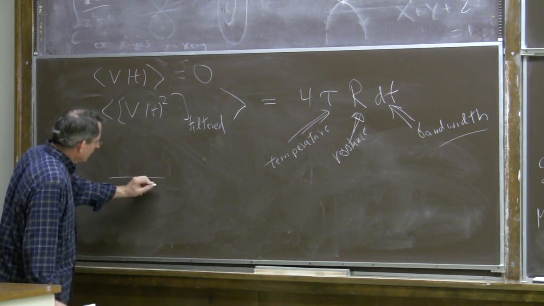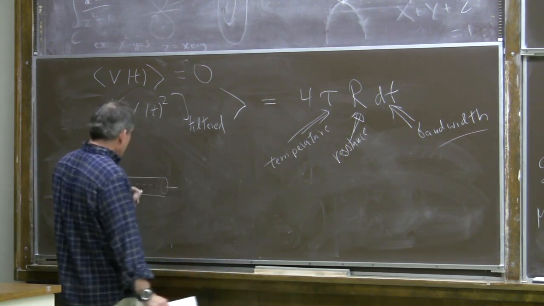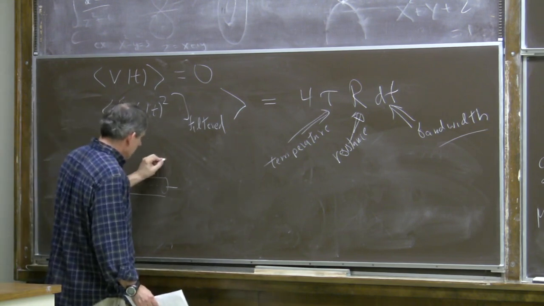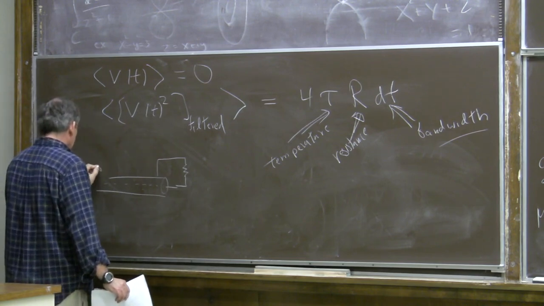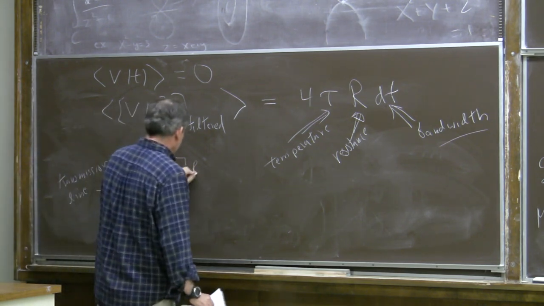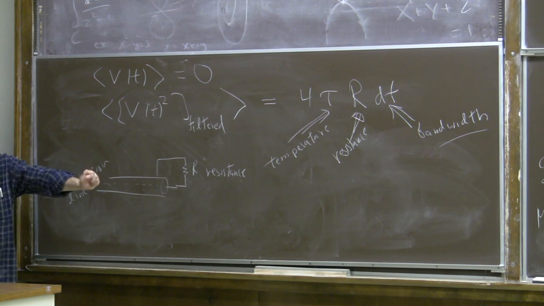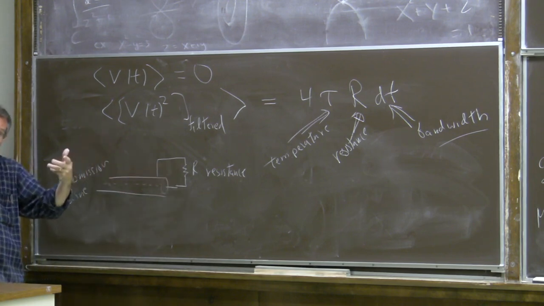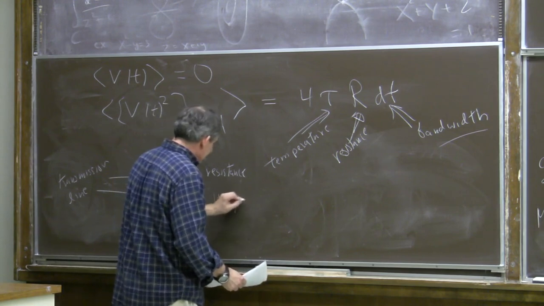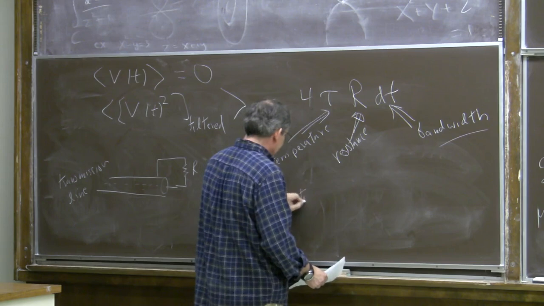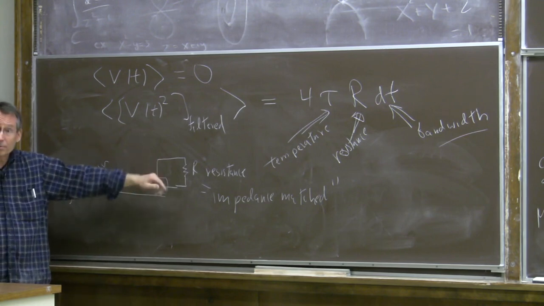If we consider a transmission line like a coaxial cable, and then we terminate the transmission line, in this case with a resistance, if we match the impedance of the transmission line with the impedance of the circuit terminating it, the resistance, then all the power coming down the transmission line will be absorbed and dissipated in the circuit.